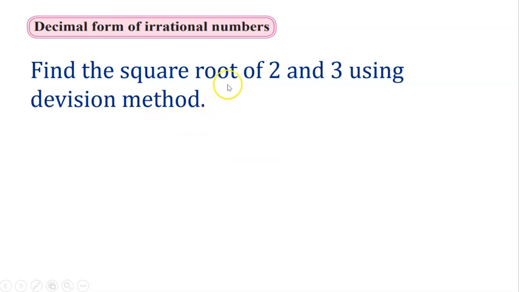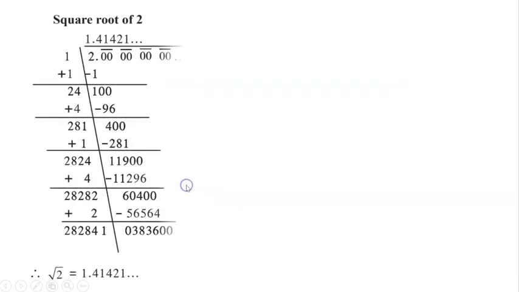Find the square root of 2 and 3 using the division method. Now see the division method here. To find the square root of 2 using the division method, first we write 2 point, then pairs of zeros to the right-hand side of 2: pair of 0, pair of 0, pair of 0.